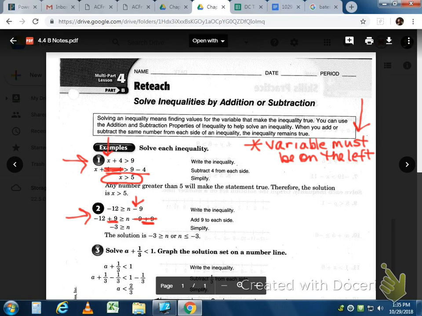Now, you see how my variable is on the wrong side? So you turn it around by just flip-flopping the n and the negative 3, and then this one, you see how it's pointing to the n right there? Make sure you flip it around so it's still pointing to n. So instead of greater than or equal to, it's now less than or equal to.